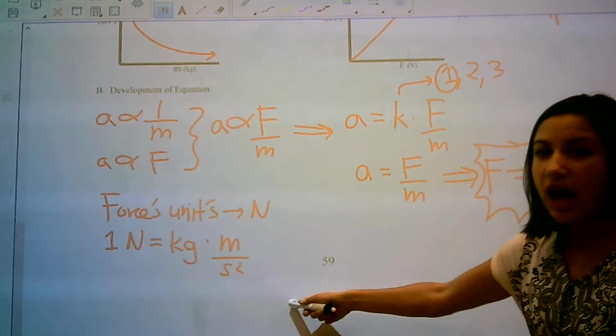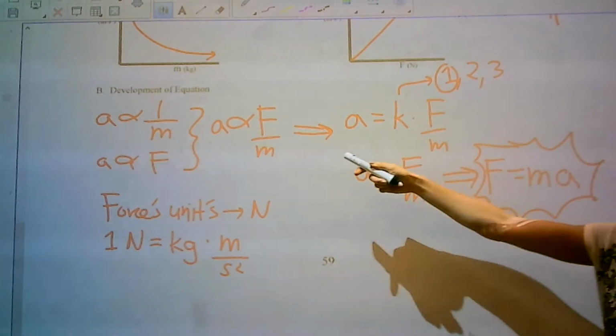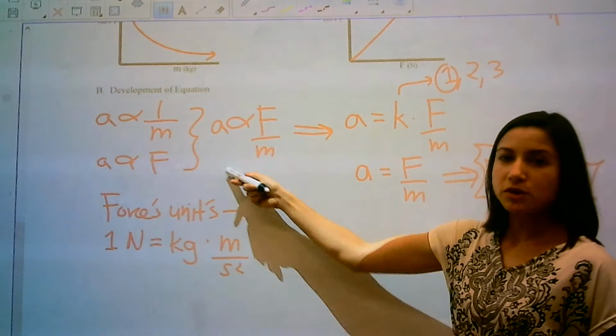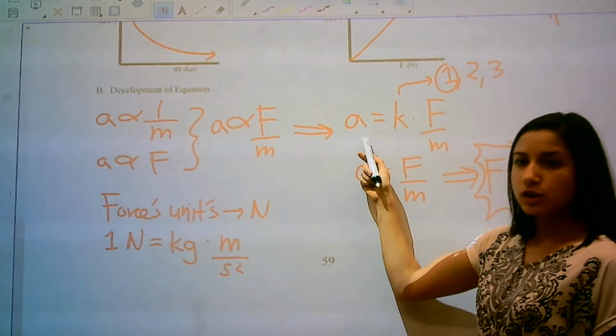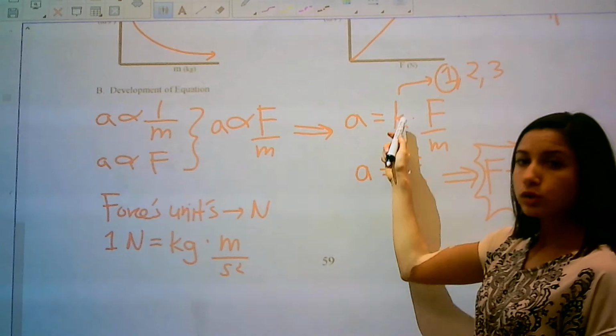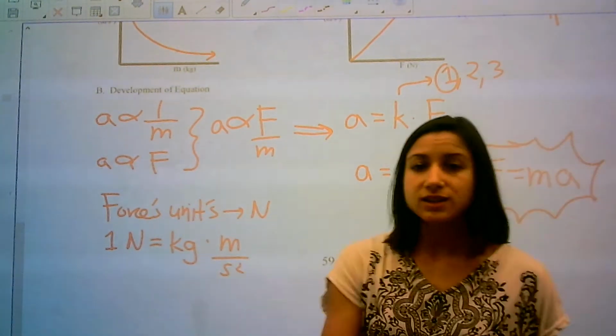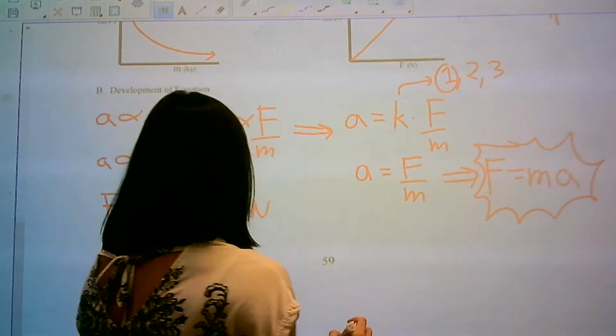And now I'm going to tie this equation that we've just derived together. Remember, we went from just general proportionalities. We tried to create an equation with a constant. And I've told you that that constant is 1. Here's why. It's because, like Preston said, our unit for force is a Newton.